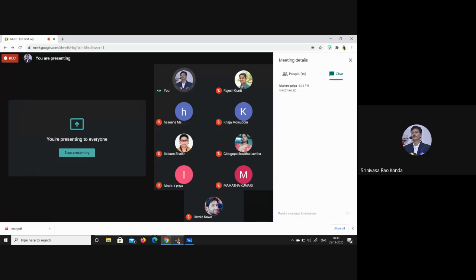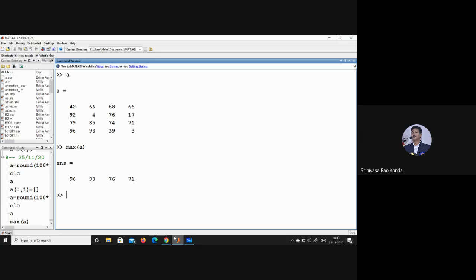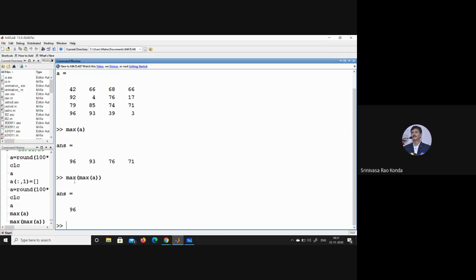So already we have a row vector with max of A. If you give max of max of A, we'll get the maximum element. Am I correct? This is 96.